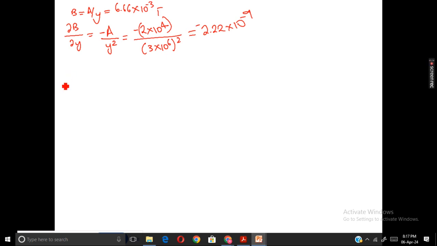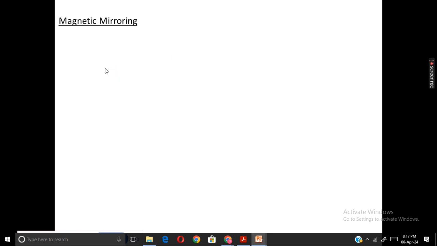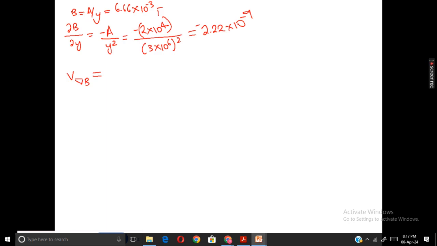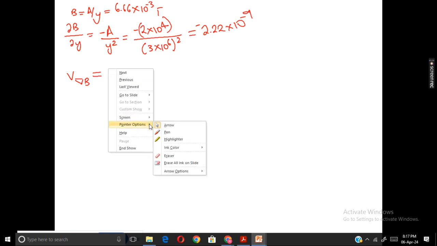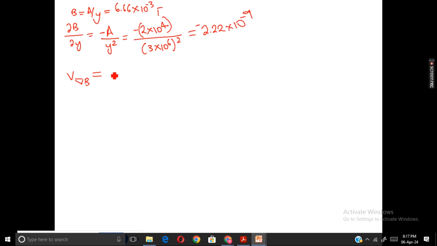Now we want to find the gradient drift velocity of V, which is kinetic energy by q B square into dou B by dou Y. The value of kinetic energy is given as 2 electron volt, which is 2 into 1.6 into 10 raised to minus 19.